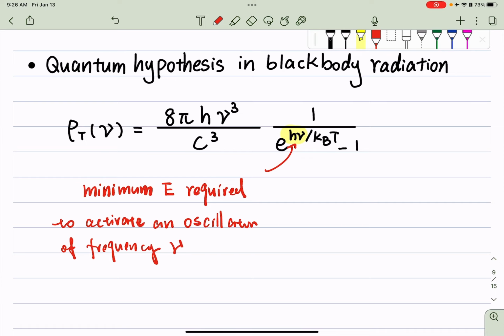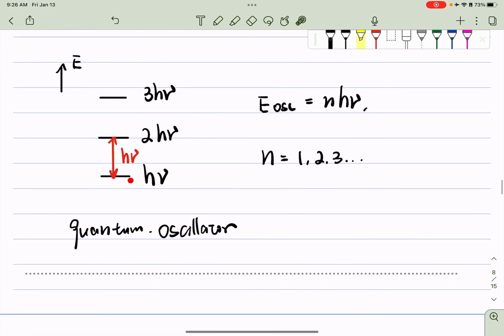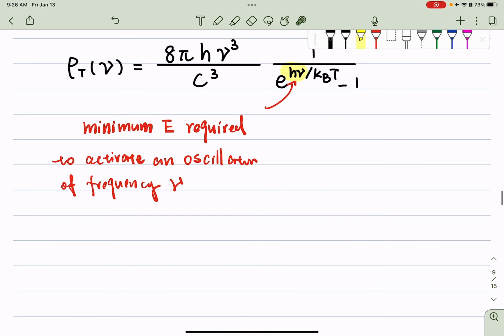If you go back to this picture, imagine your oscillator is originally in the lower state, h mu. The smallest amount of energy it requires is at least h mu. So that's just one step, the smallest step your oscillator can take.